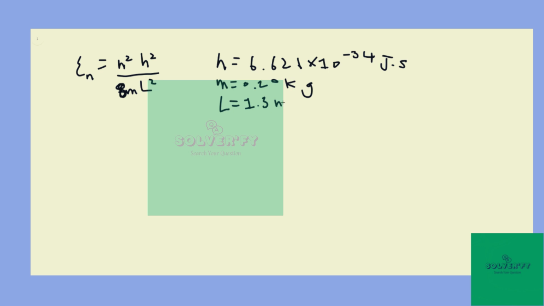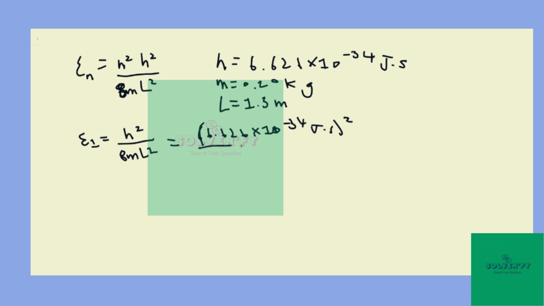Yes, 1.3 meters. All right, so for the lowest energy level, which is n equals 1, E1 is going to be equal to h squared over 8mL squared, which is equal to (6.626 times 10 to the minus 34 joule seconds) squared divided by 8 times 0.20 kilograms times (1.3 meters) squared.